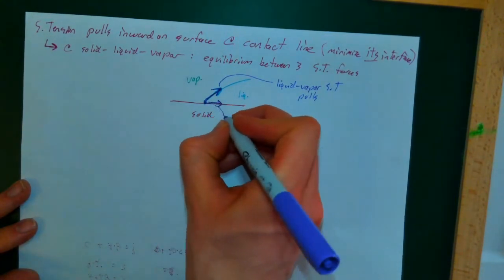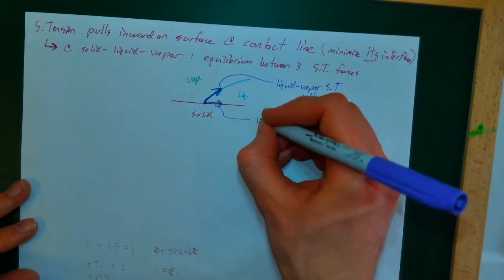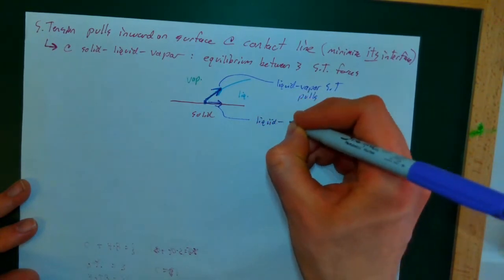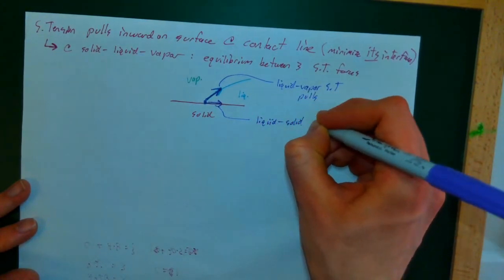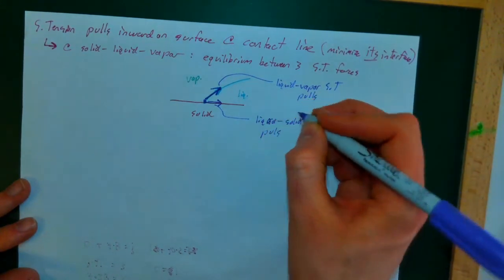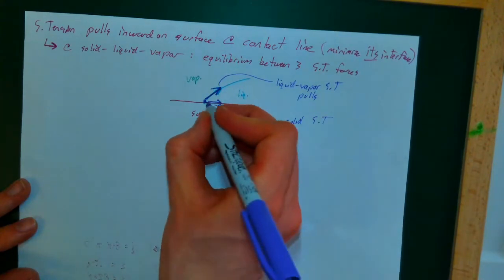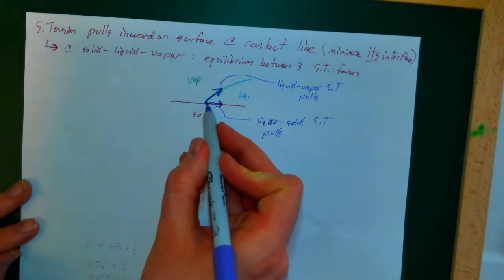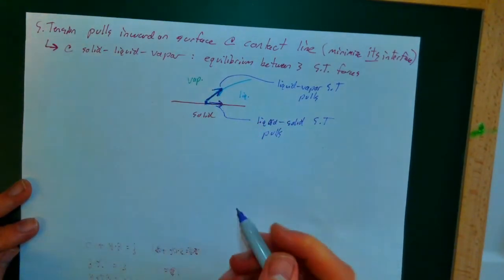There's also surface tension between the liquid and solid, and the liquid-solid surface tension pulls this way, essentially pulling the contact line along this way.